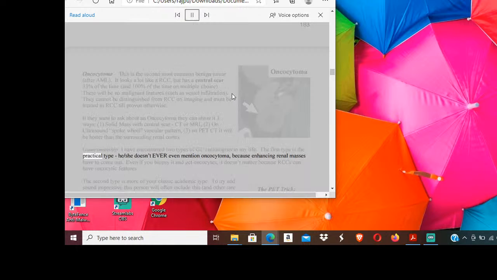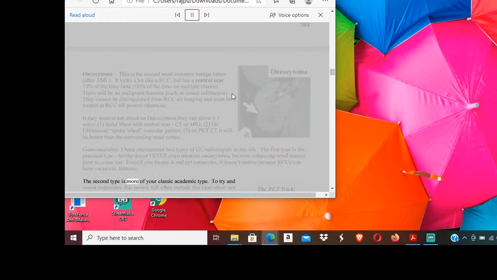The first type is the practical type. She doesn't ever even mention oncocytoma, because enhancing renal masses have to come out. Even if you biopsy it and get oncocytes, it doesn't matter, because RCCs can have oncocytic features.